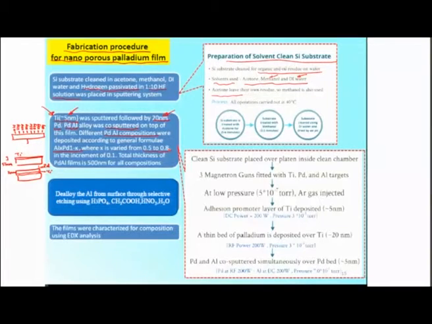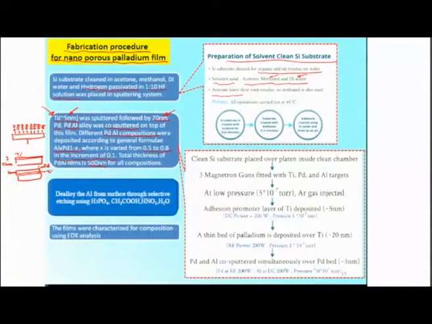Therefore, there are cases where aluminum is 50% and palladium is 50%, and there are cases where aluminum is higher, 80%, and palladium is 20%. We deposit this in increments of about 0.1, or 10%, and the total thickness of the palladium films deposited in this manner is about 500 nanometers.